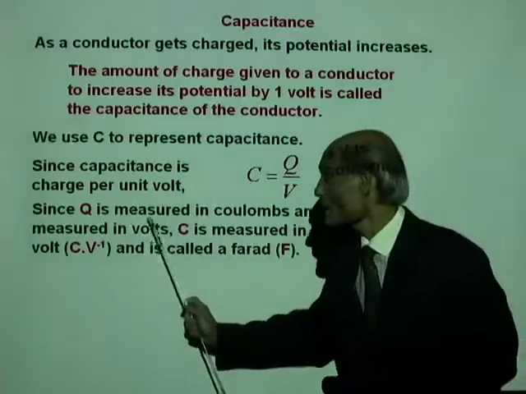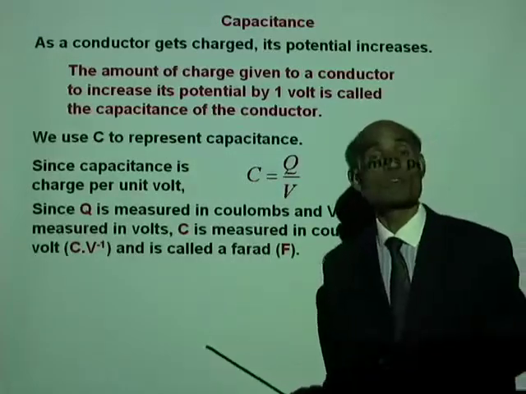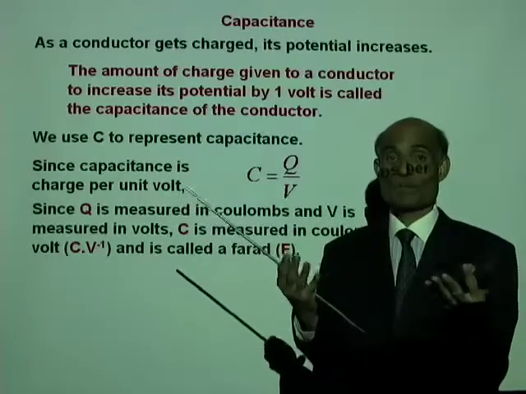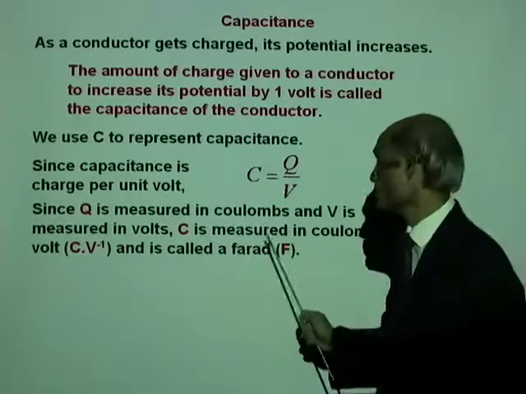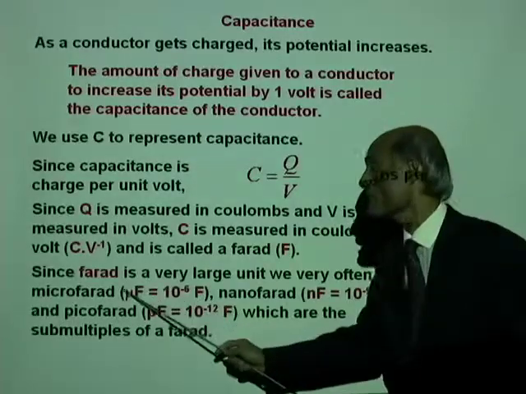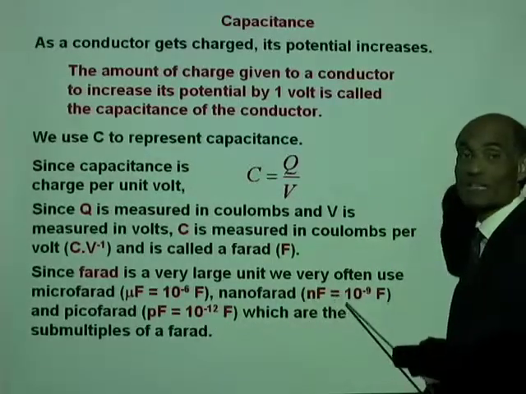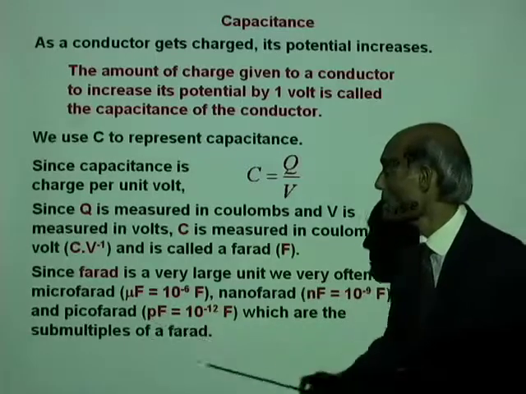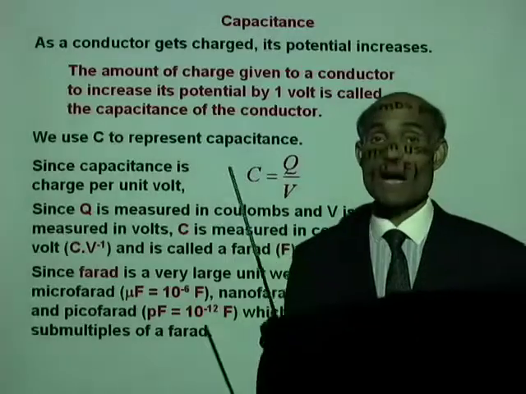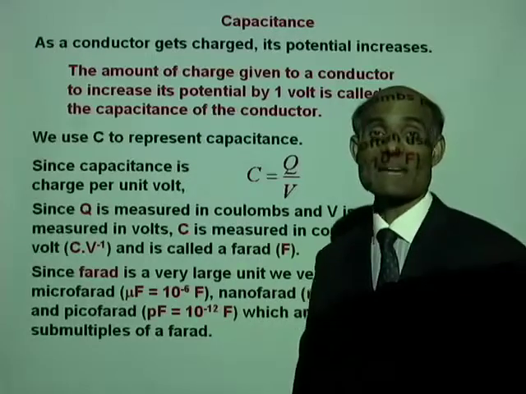Just like a coulomb is a large unit, farad is also a very large unit. For everyday usage, you've got to use smaller units: microfarad, which is 10 to the negative 6 farad, nanofarad, 10 to the negative 9 farad, picofarad, 10 to the negative 12 farad, and so on, are the commonly used units of measuring capacitance.